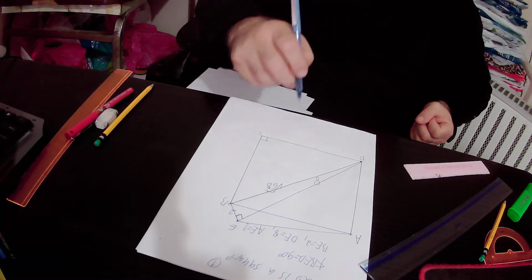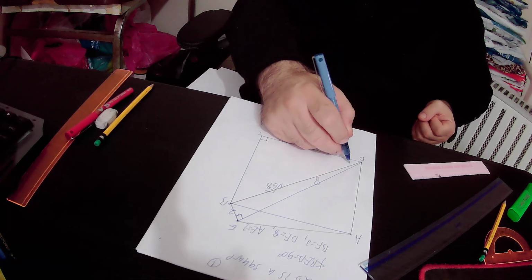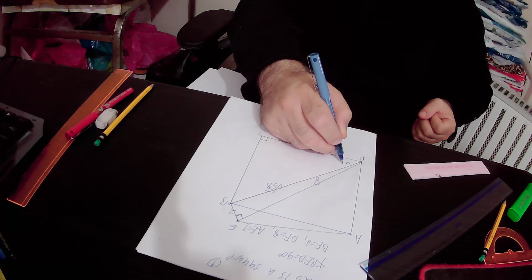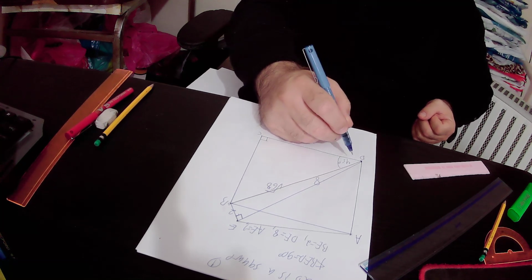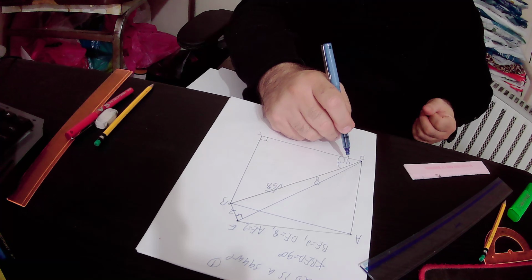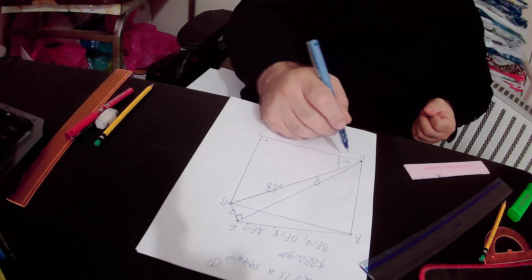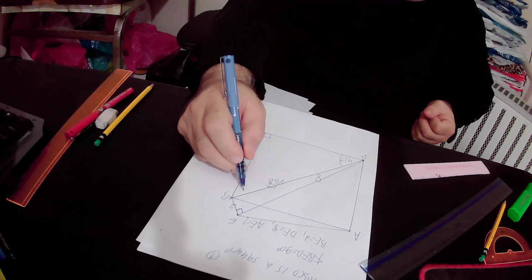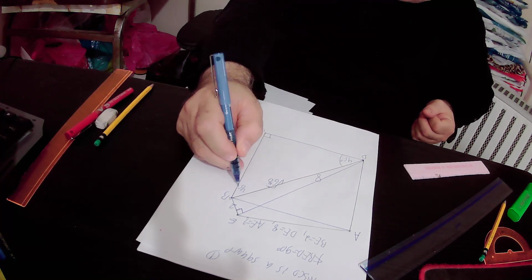So angle BDC will be equal to 45 degrees, because it divides the angle of 90 degrees into two equal parts. This is to say 90 degrees over 2 is 45 degrees, and this angle will also be equal to 45 degrees.